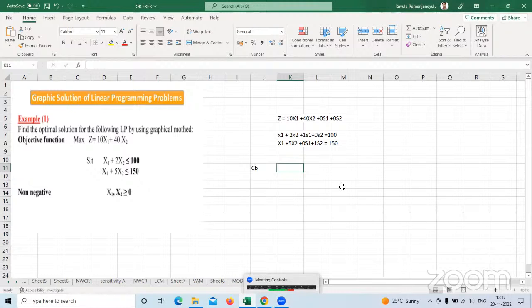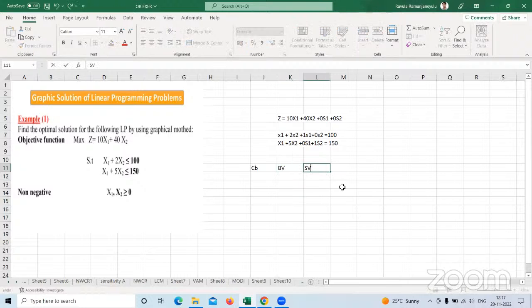Then the basic variables, then the solution variable.